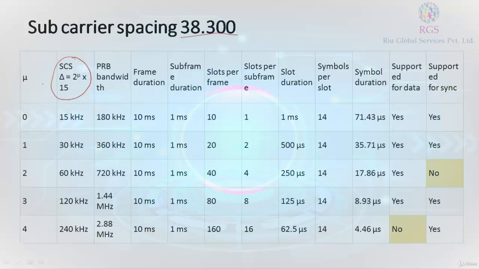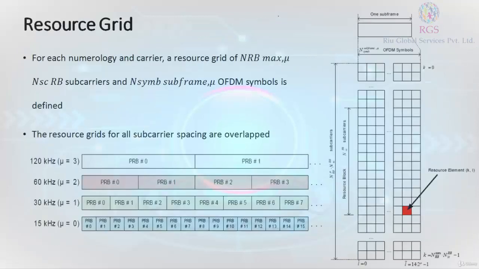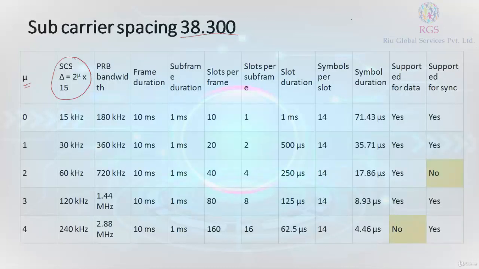This is basically the meaning of numerology. What does that signify? It signifies that the smallest symbol is not fixed to 15 kilohertz like we had in LTE, but you can choose from different subcarrier spacings, and that is defined by its numerology.